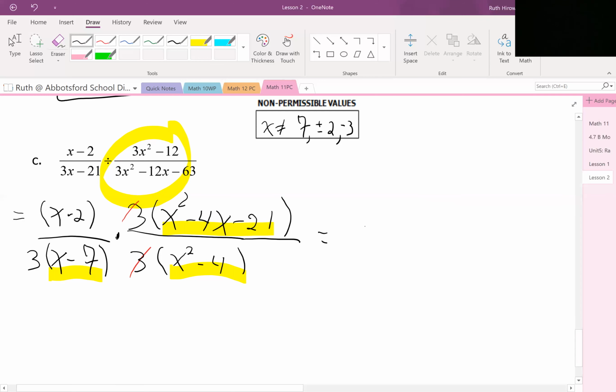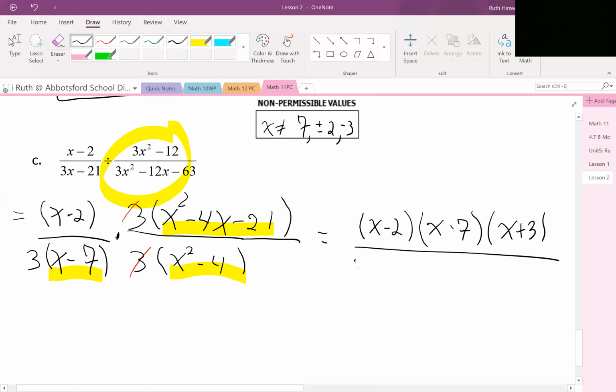Let's simplify that. So x minus 2, and this one factored as x minus 7, x plus 3. And I still have this 3, x minus 7, and x plus 2, x minus 2.